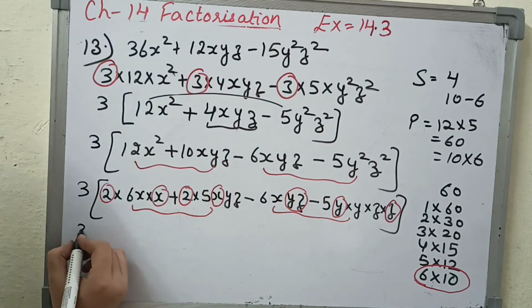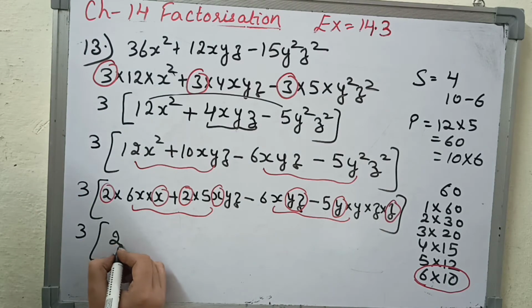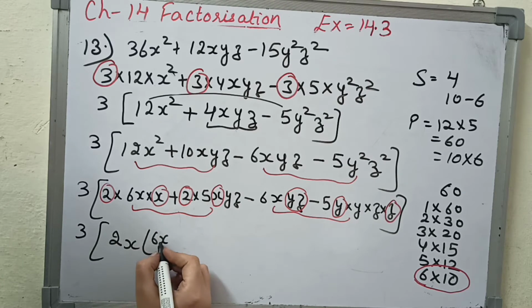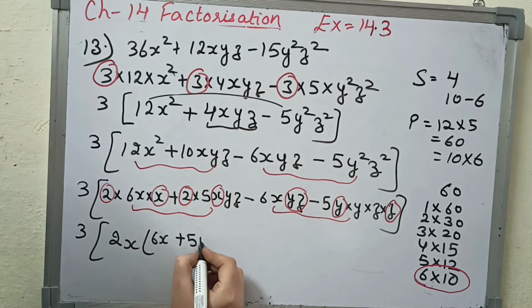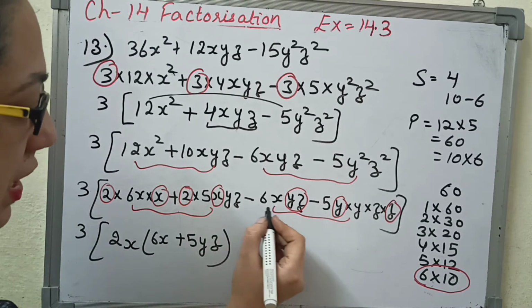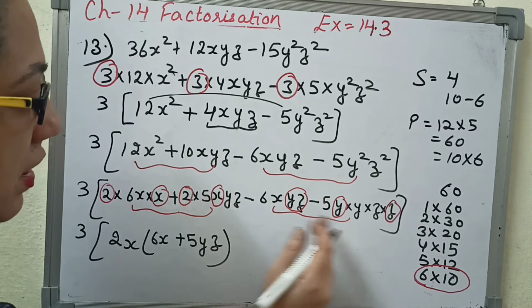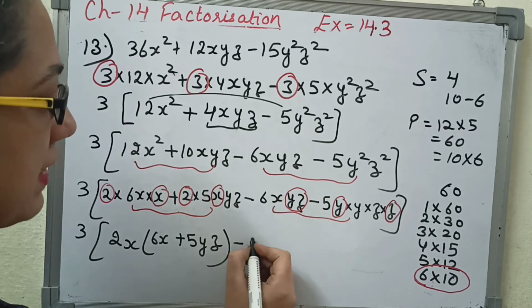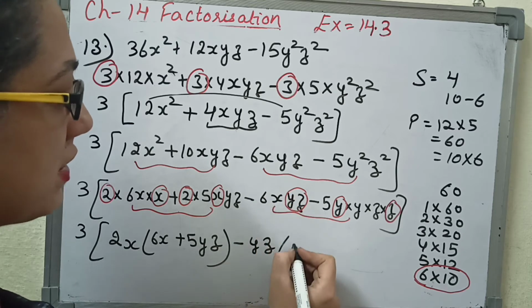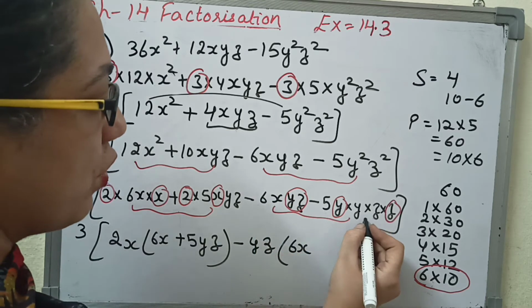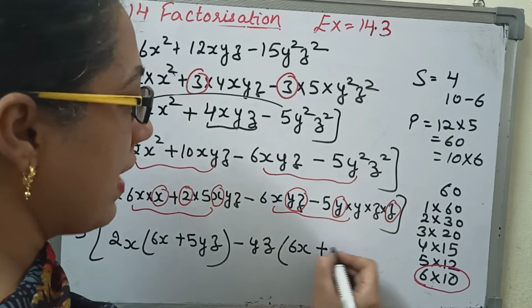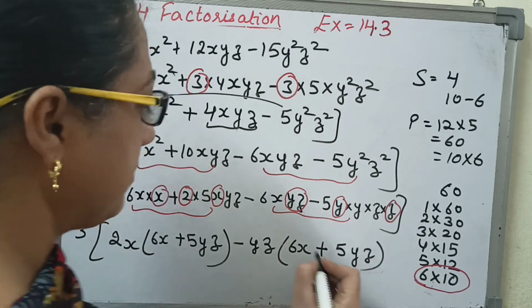Now write down the common factor outside, that is 2x, and the terms which are left from the first two terms: 6x plus 5yz. Very carefully, beta, you write down these terms. From the third and fourth terms here only yz is common, minus yz. So the term left from the third term is 6x, and from the fourth term is minus minus, plus 5yz.